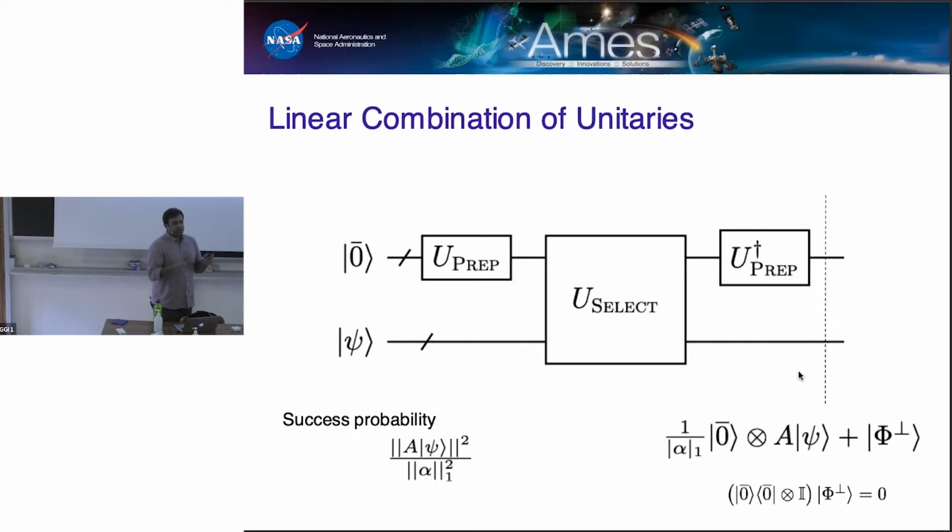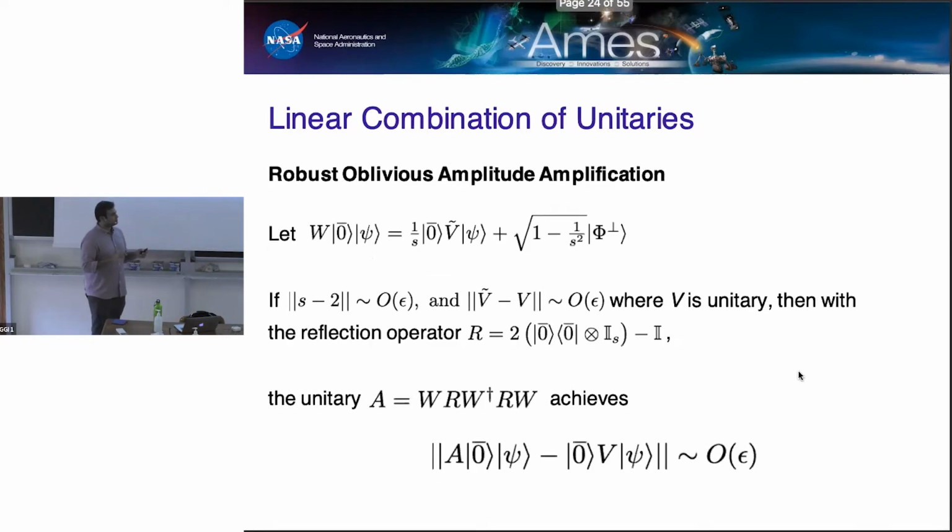But we want to get rid of post-selection. So can we do something about it? Here we'll apply this technique of robust oblivious amplitude amplification, which is a generalization of amplitude amplification, which itself you could think of as a generalization of Grover's famous algorithm for unstructured search, right?